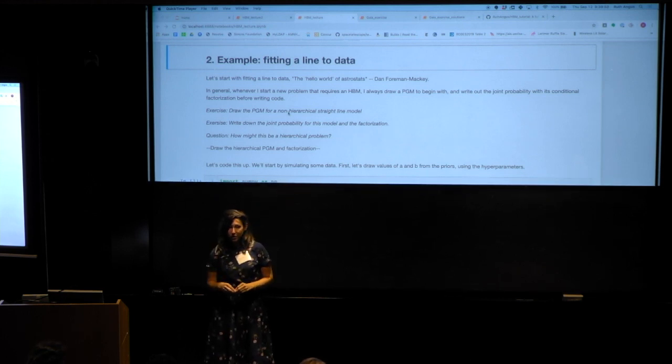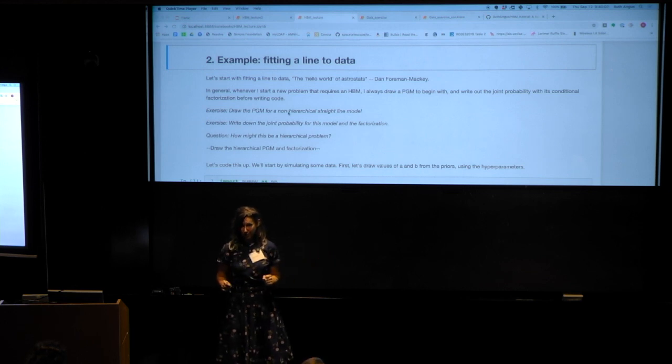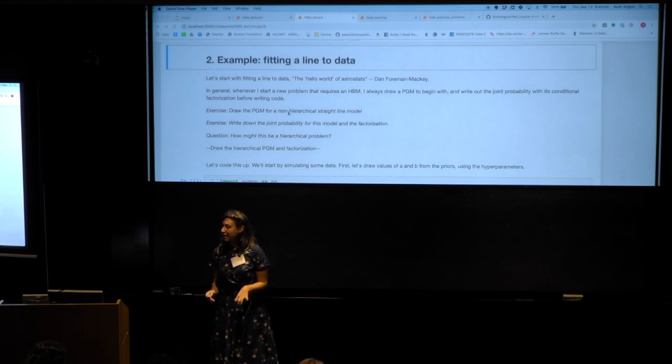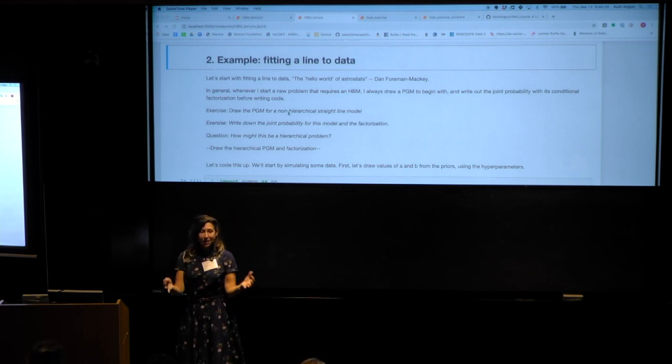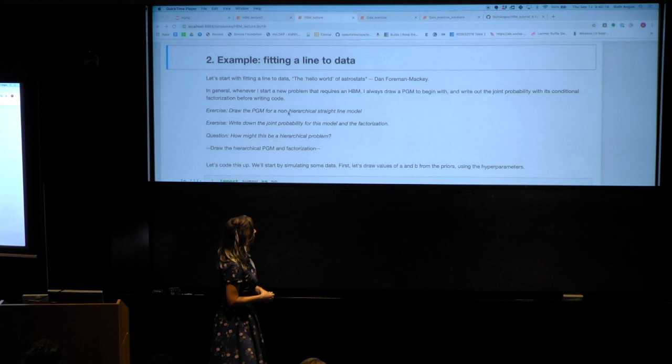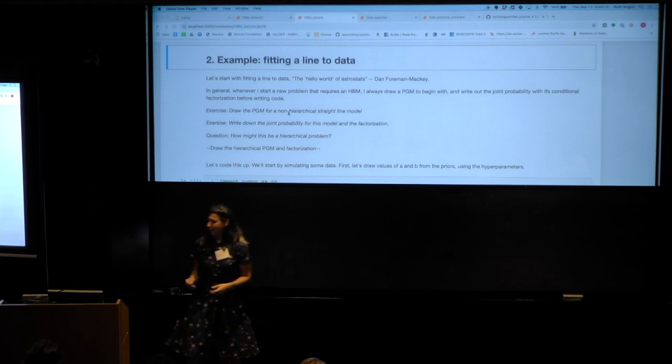So the problem we're going to do is a little bit like the H0 problem, but with more data. Again, we're going to fit a line because that's the thing that we always start with in astrostats, but we're going to make this line hierarchical.